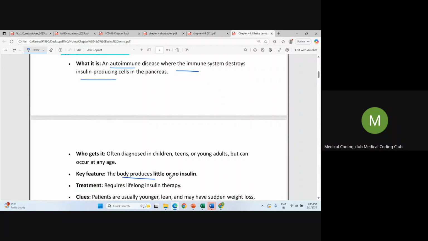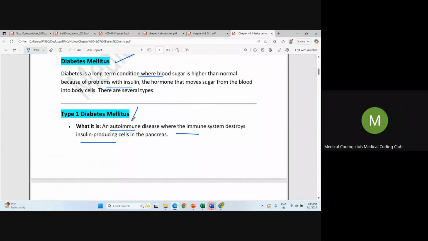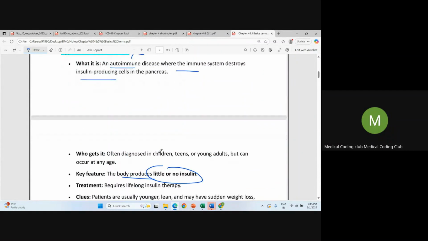Okay, so the body produces little or no insulin. And the other important thing is type 1 diabetes mellitus is also called as, anyone aware? Juvenile. Correct. Juvenile diabetes. Type 1 diabetes is mostly diagnosed in children.